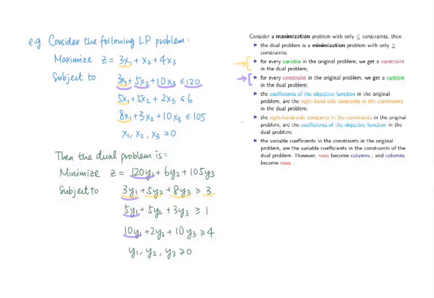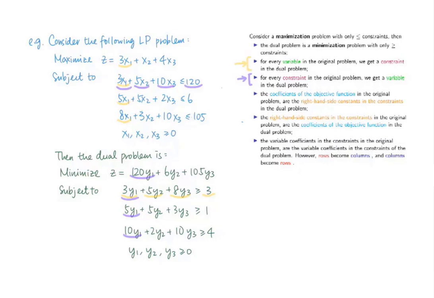So the first variable in the dual problem will have 3y1, 5y1, 10y1, and 120y1, which comes from the right-hand side value 120, and it becomes the term involving y1 in the objective function of the dual problem.